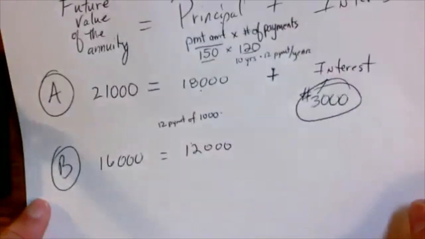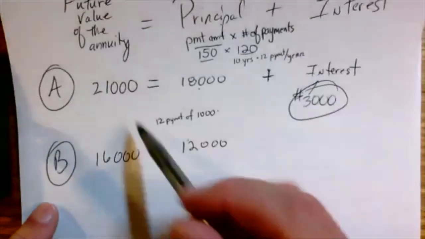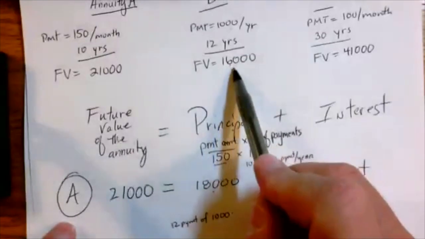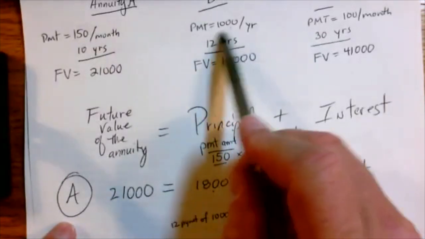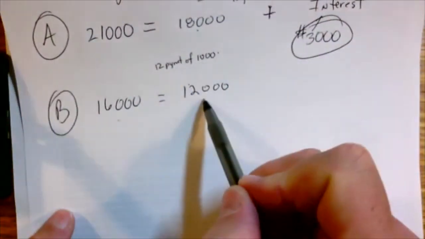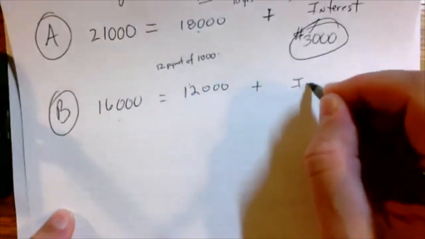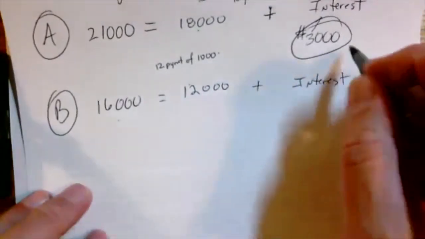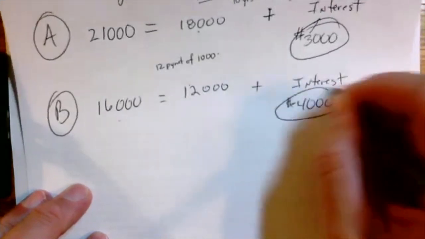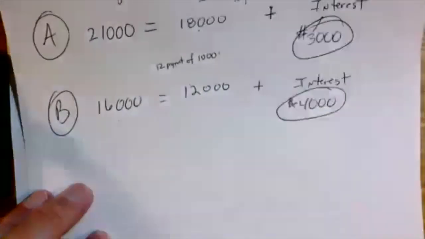Sorry, you're not able to see that. The future value is $16,000, it's up here. And then we're making one payment per year for 12 years. So 12 times 1,000 is 12,000 plus the interest. All right, so you can see here that the interest must be 4,000. 12,000 plus 4,000 is the only number that would add up to 16,000.